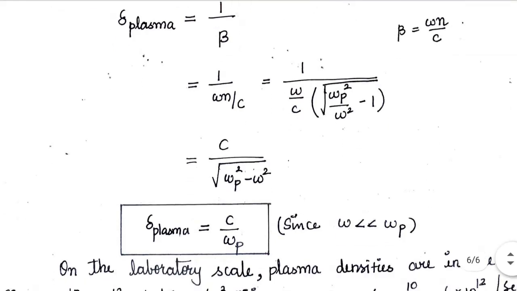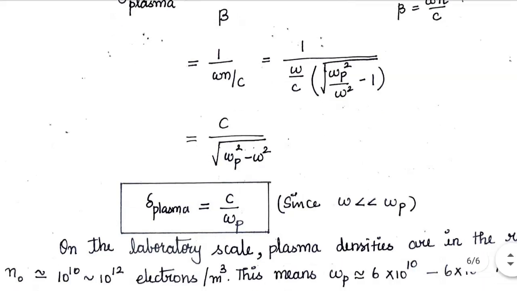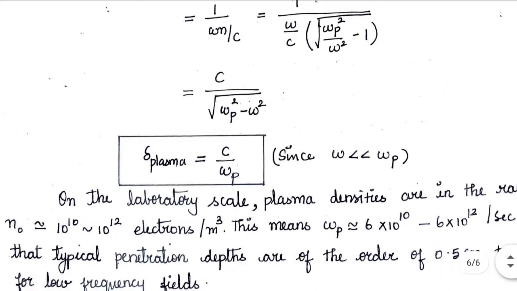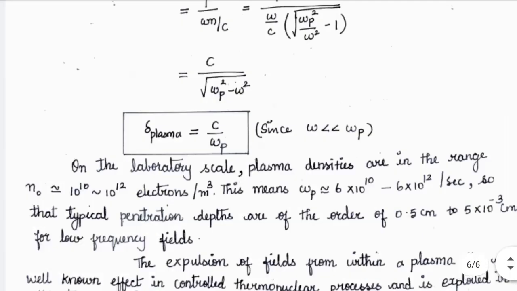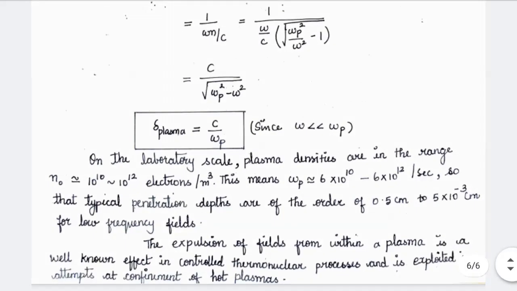If in case omega is much lesser than omega p, we can neglect the value of omega square. So within the square root, we have only omega p square, which gives us delta plasma is equal to c by omega p. So this is the reason why the electromagnetic fields within a plasma are expelled.